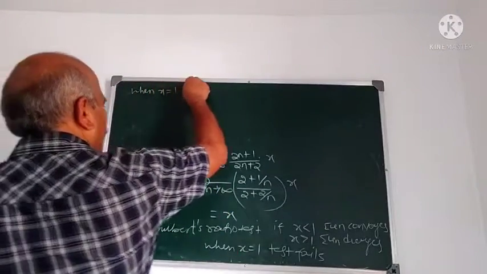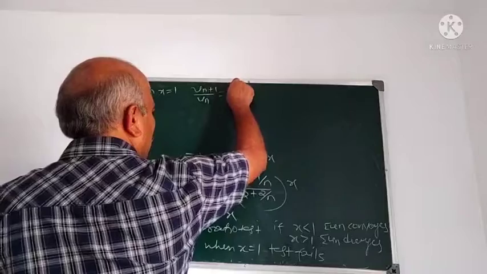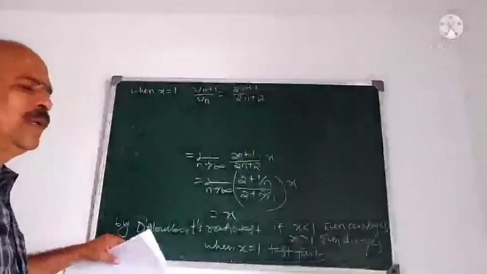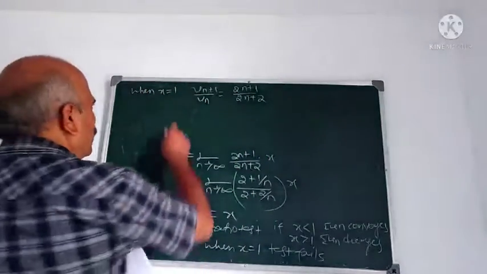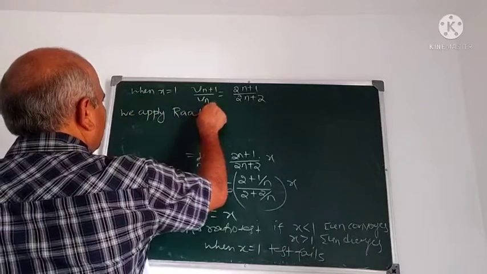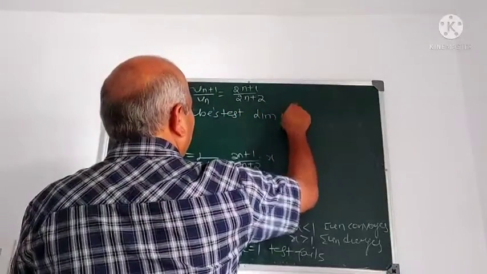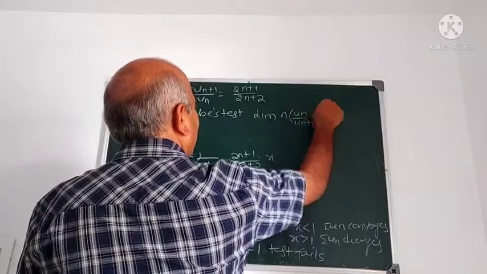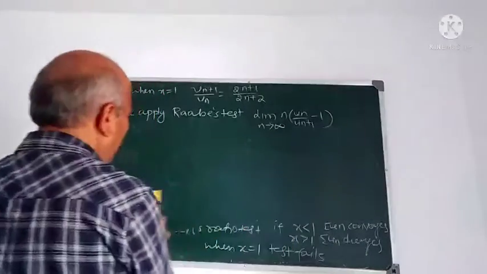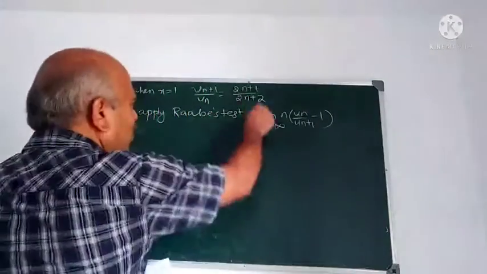When x is 1, un plus 1 upon un is 2n plus 1 upon 2n plus 2, because x is 1. Now we apply Raabe's test. For that, we take limit n into un upon un plus 1 minus 1 as n tends to infinity. We have already calculated un plus 1 upon un, and we require its reciprocal.